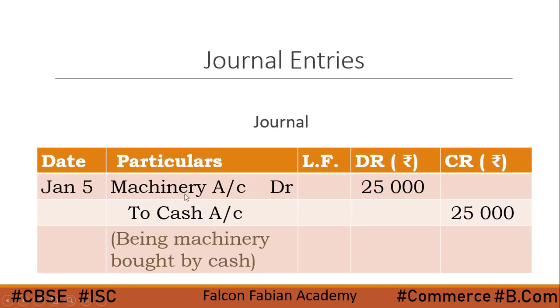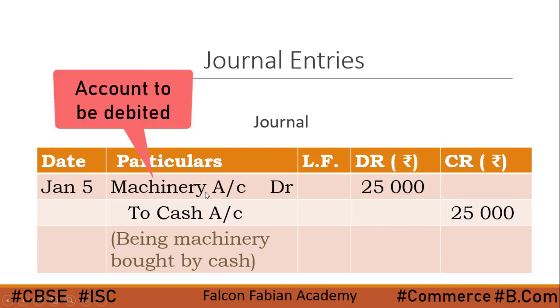the account that needs to be debited is always written first. So you write the name of the account followed by A/C, and then in this place you write DR, which stands for debit. So machinery account debit, and the amount is 25,000, which you will write in the debit column. For now, we will leave the LF column blank, as we're just learning how to record the journal entries in journal.